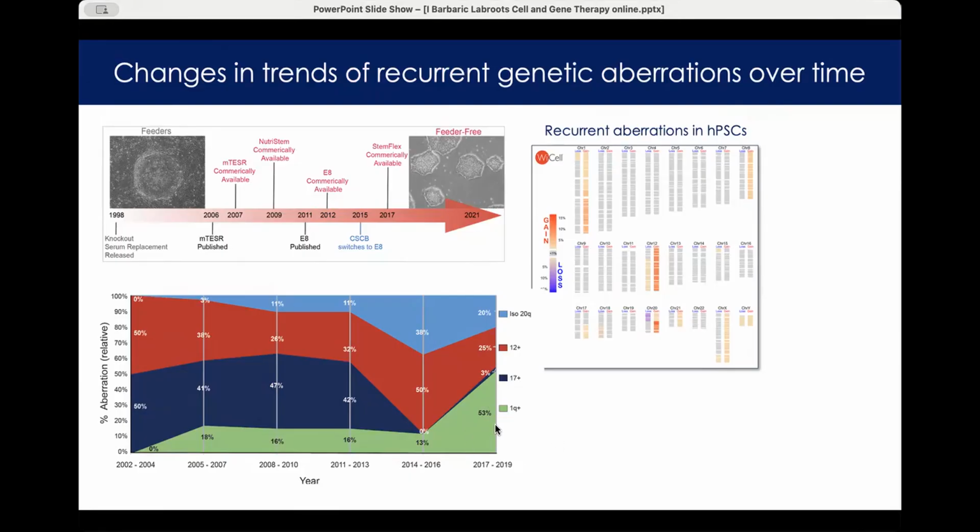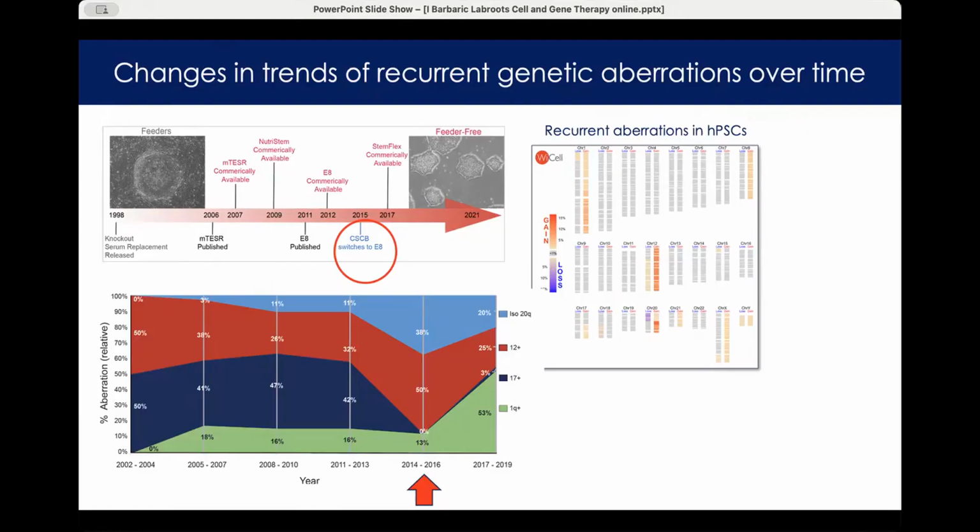Now, that was really curious, because we knew from our metadata in the lab that this switch in the trends of aberrations coincided with the time when the lab moved from using feeder-based to using feeder-free conditions.